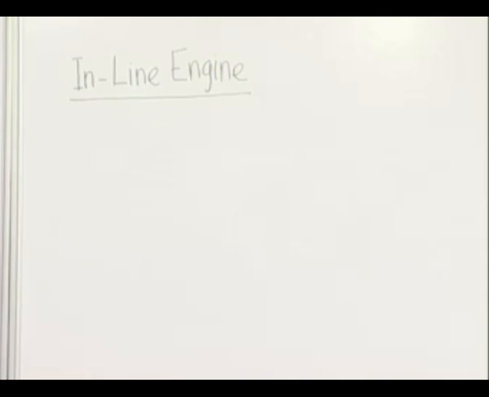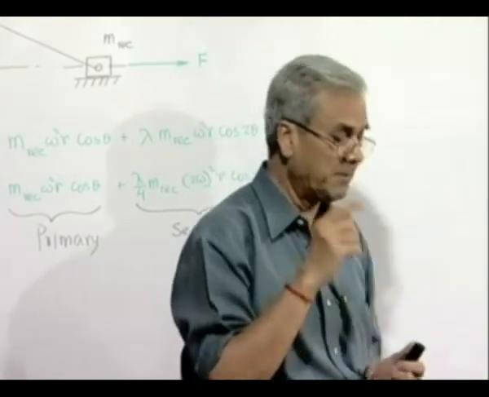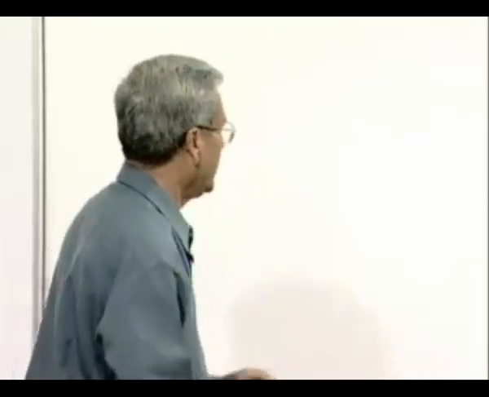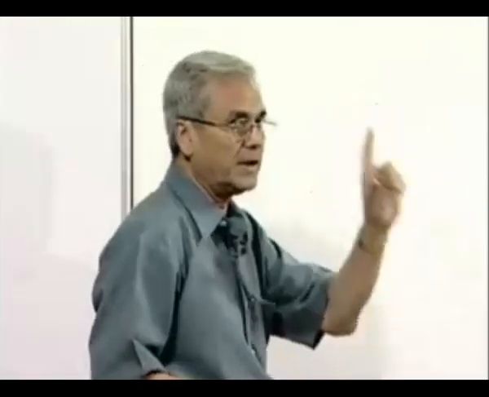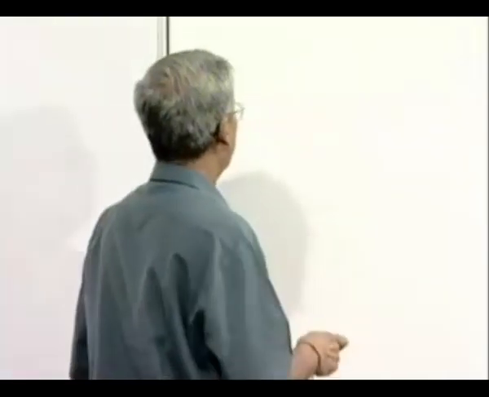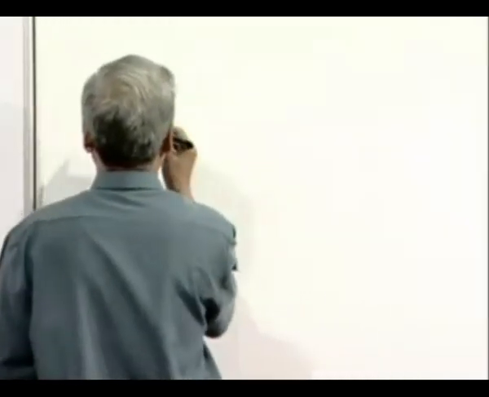Now, in all such cases of multiple cylinders or multiple slider cranks, we have to keep in mind that each unit is identical to another one. What I mean to say is that the slider crank mechanisms for each and every component of that engine will be all identical. In inline engine, the configuration is something like this.